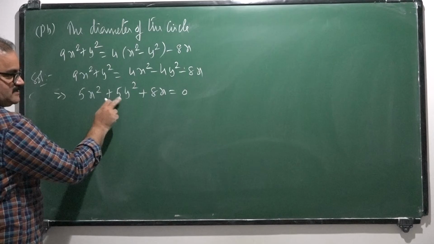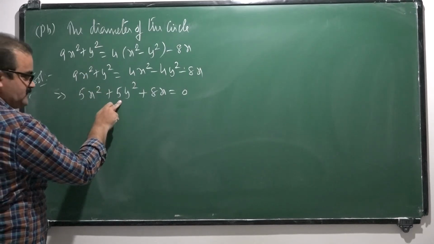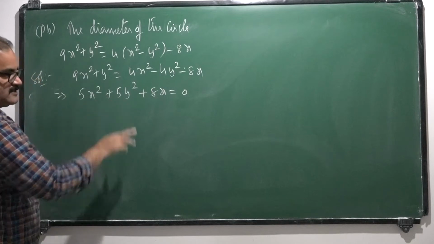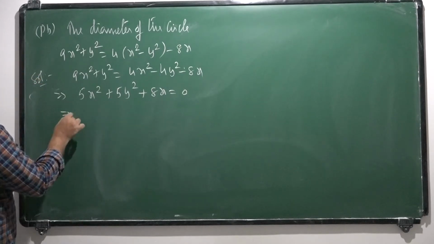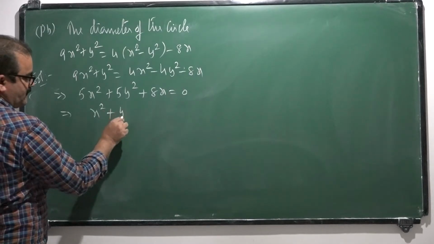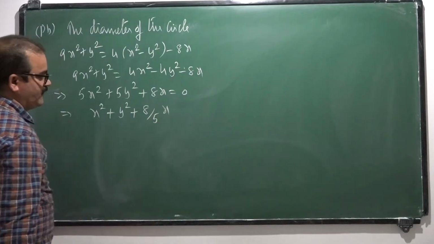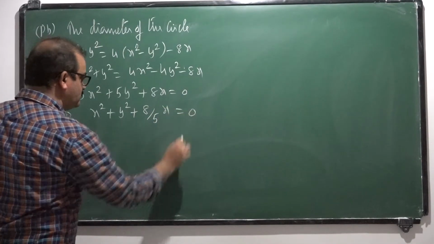When it represents a circle, coefficient of x square and coefficient of y square are equal and that must be 1. So divide with 5, we get x square plus y square plus 8 by 5 into x is equal to 0.